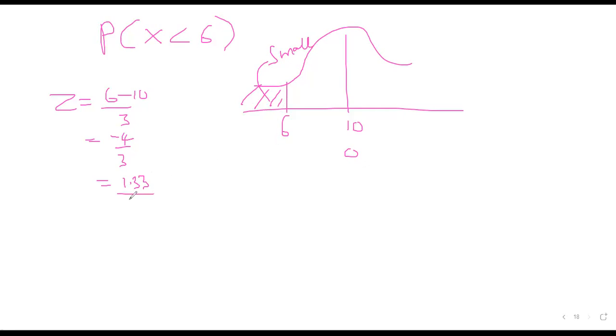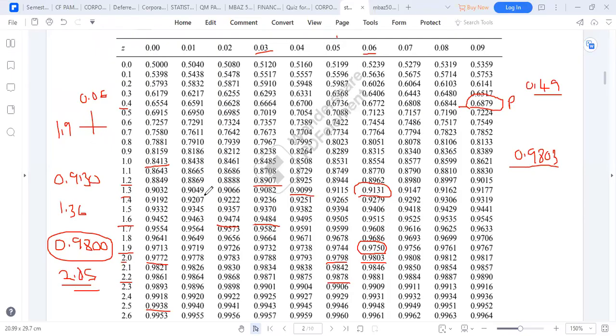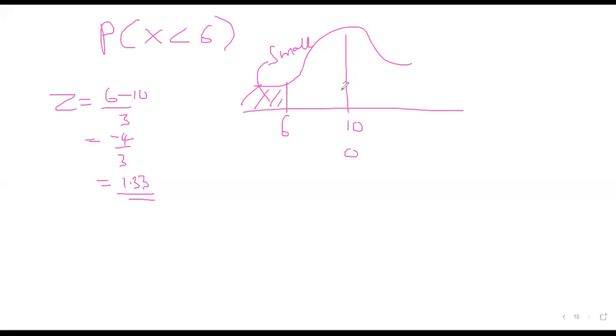You round off to the nearest 2 decimal places if you're reading from the table. So let's go and read 1.33 from the table and what it corresponds to. We'll go to a statistical table. By now we know how to read 1.3, that's 0.03. 1.33 is 0.9082. So the reading from here to here is 0.9082.